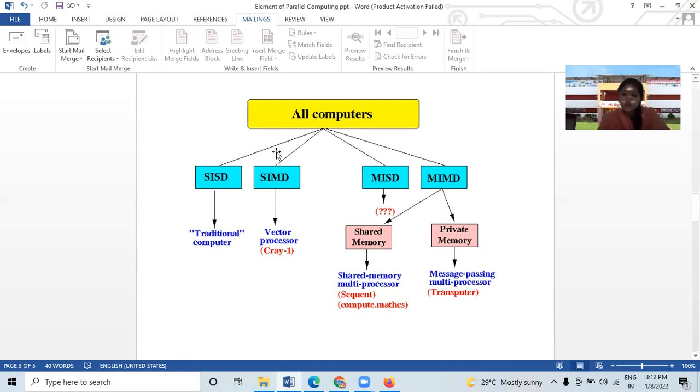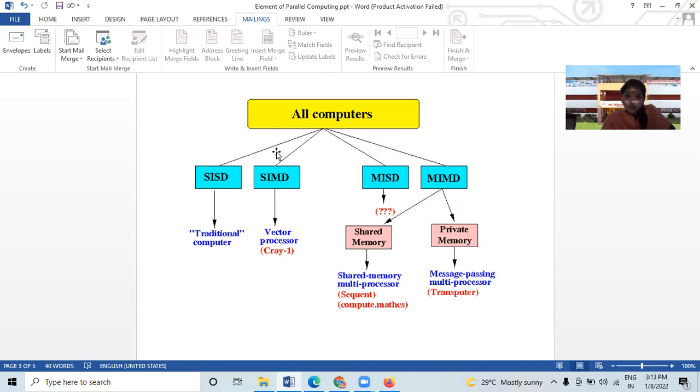SIMD, or single instruction multiple data, on the other hand, is like two people doing the same work but with different specifications.